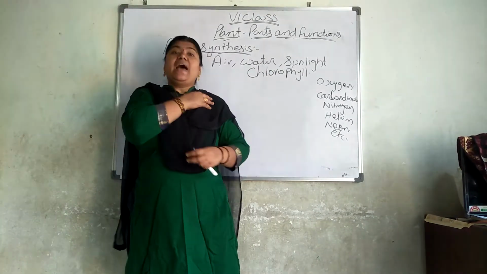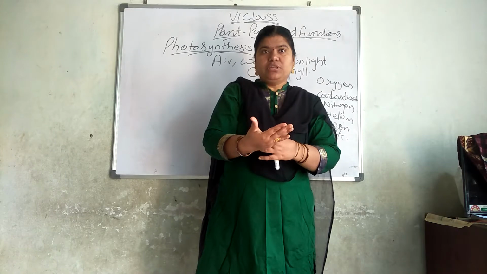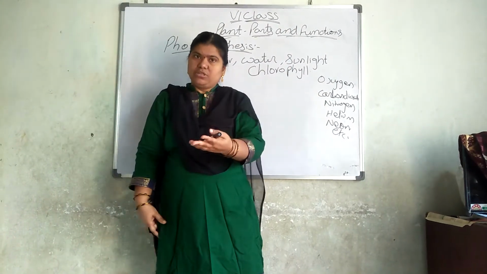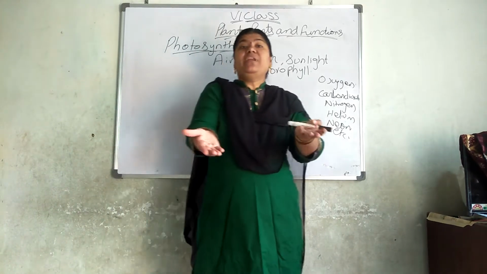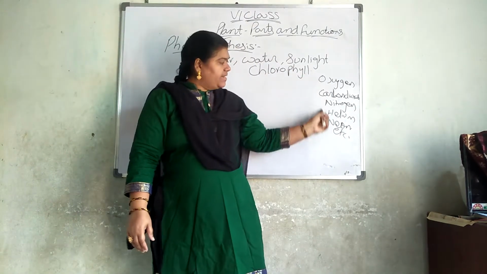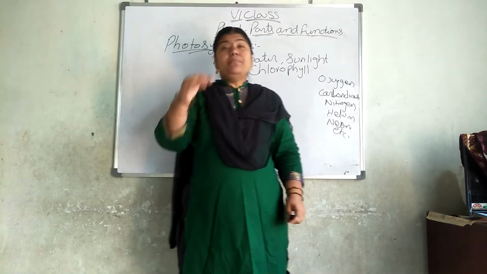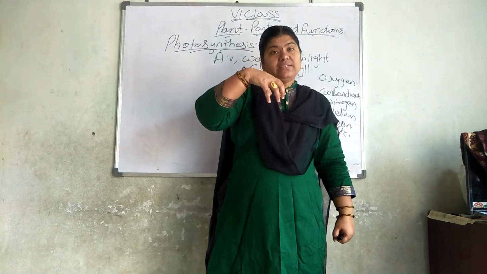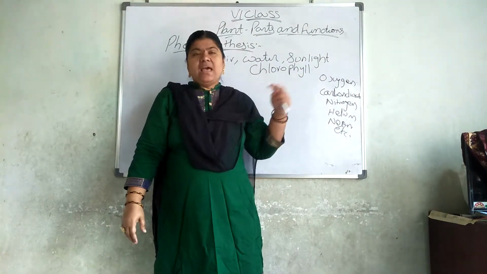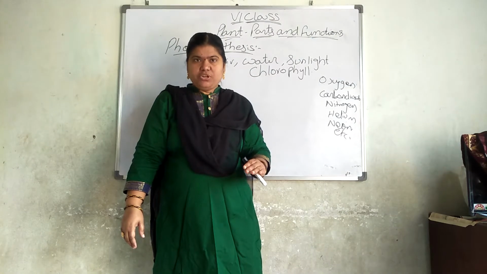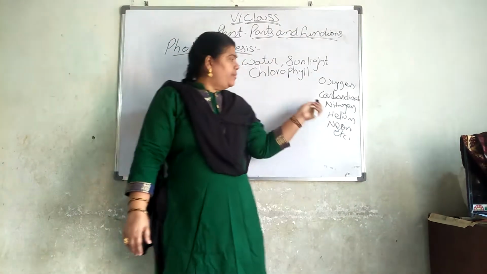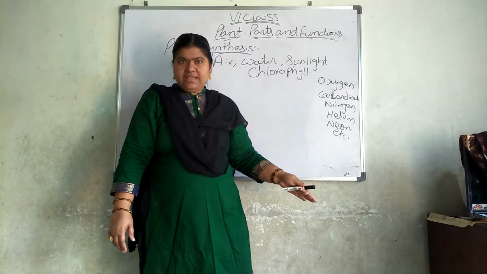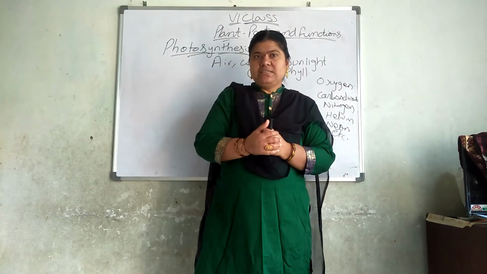So when we are exhaling, we are leaving out carbon dioxide along with all these gases. When we are inhaling, we take in all these gases along with oxygen. But the percentage of oxygen in the air we take in is more and the remaining will be less. And when we are leaving out, the percentage of carbon dioxide will be more and the remaining gases will be less. So in this way the process takes place.